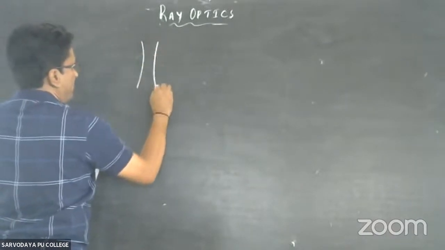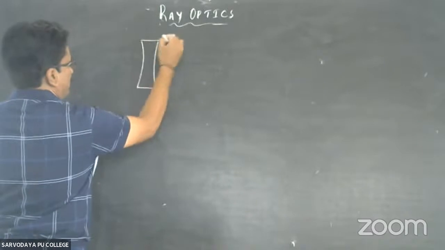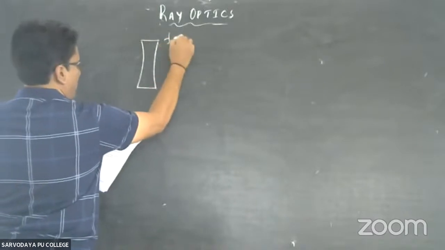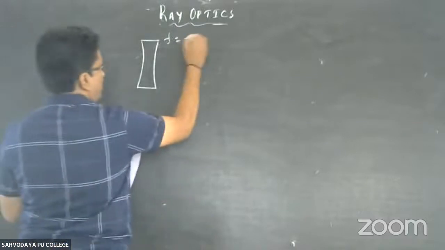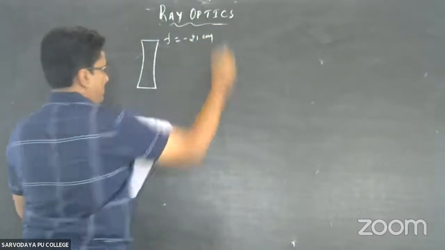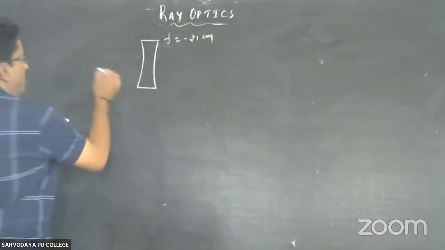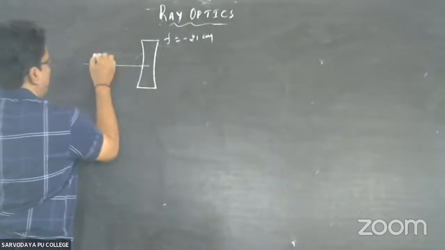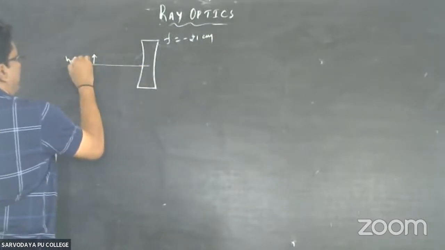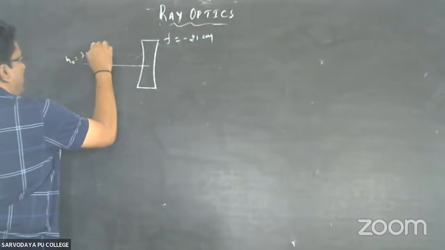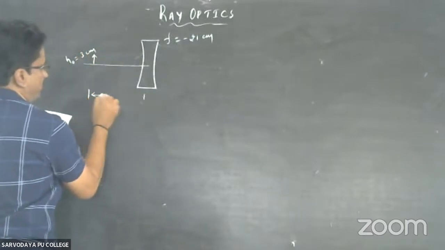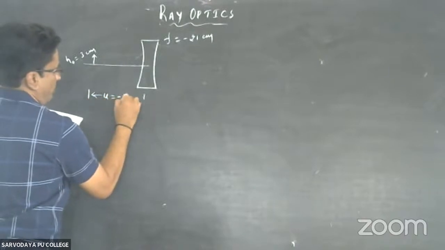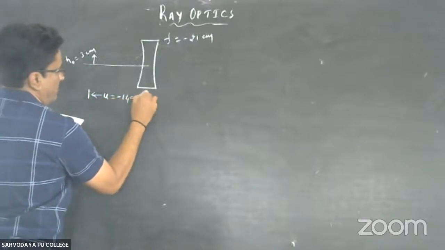Here is a concave lens. Focal length has been given as 21 centimeter, therefore minus 21 centimeter. But the 3 centimeter object has been placed at a distance 14 centimeter from the lens.